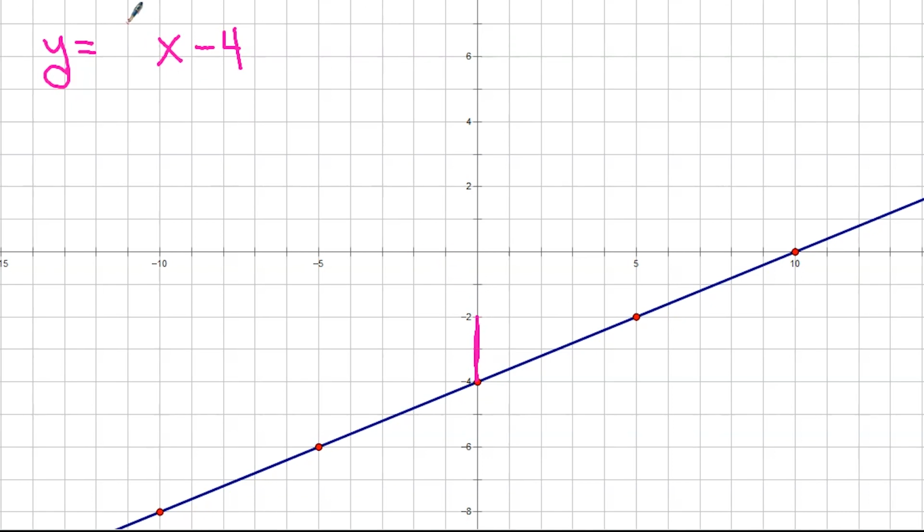So our rise is going to be 2, over our run, which is how many spaces side to side it went to get from this point to this point. You just count 1, 2, 3, 4, and 5. And so our run was 5. And that's all you've got to do. So our equation for this line is y equals 2/5 x minus 4.